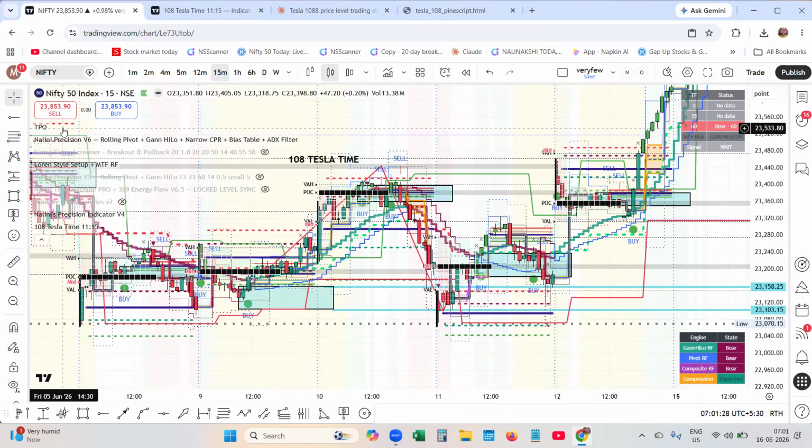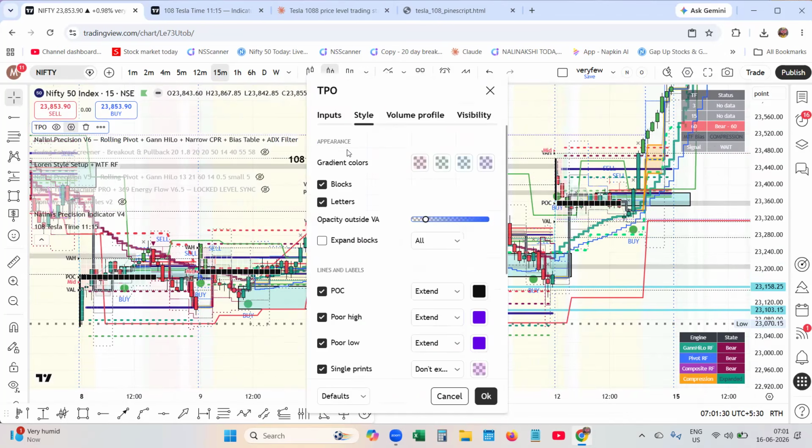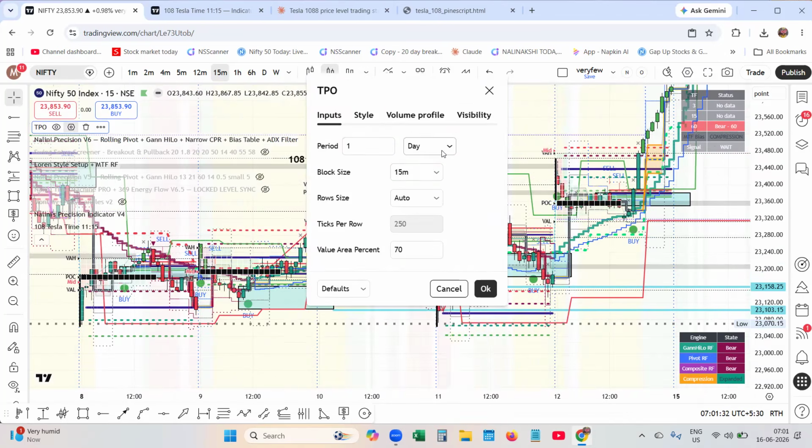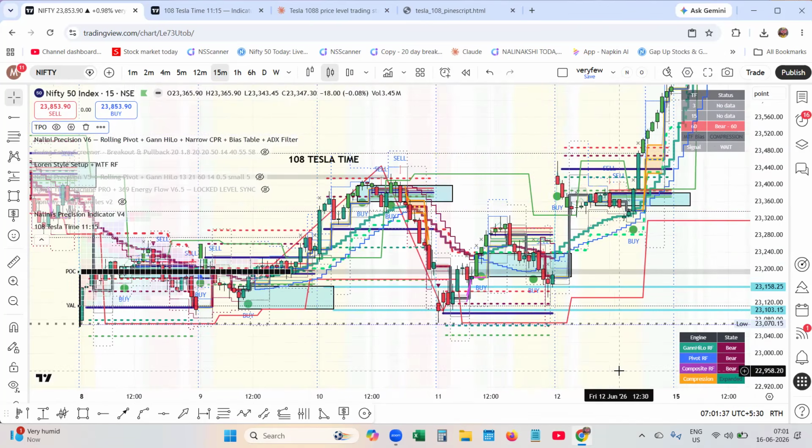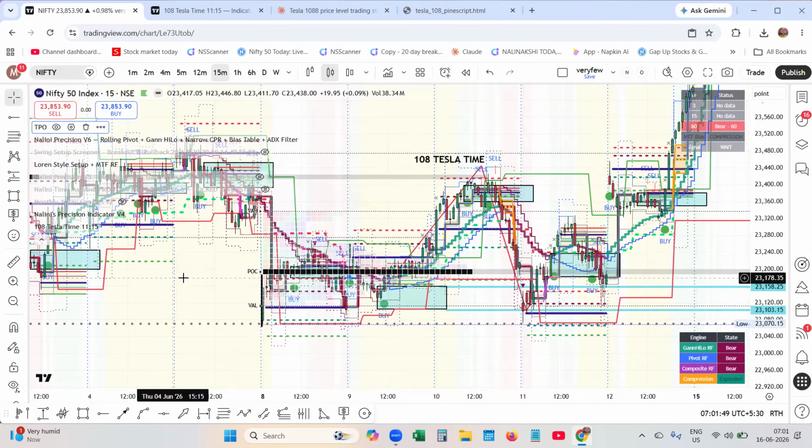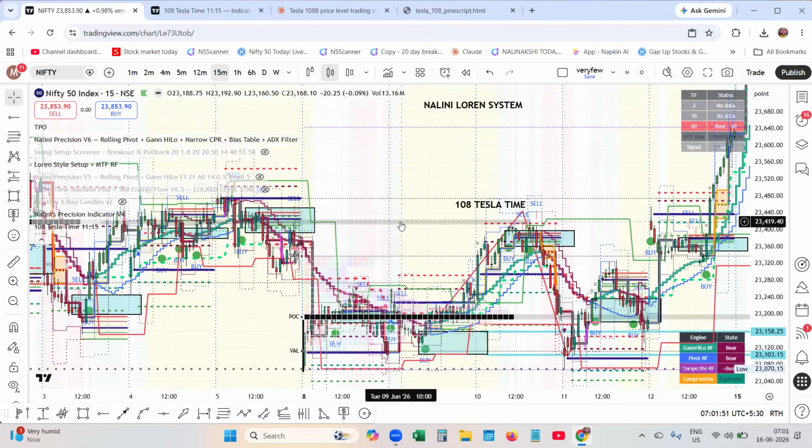And let me make the TPO on the daily basis. If I make it weekly, then you can see the trend emerged from the weekly. The price started accumulating around the Tesla time and started moving.